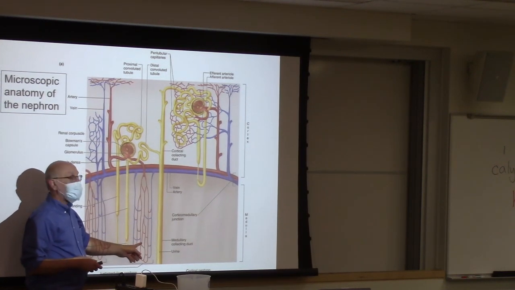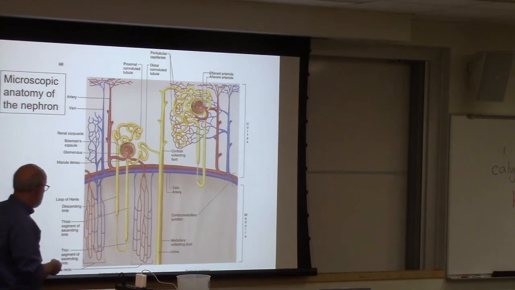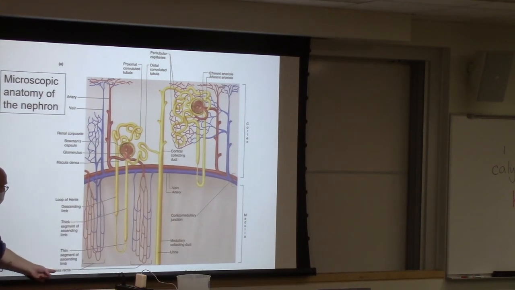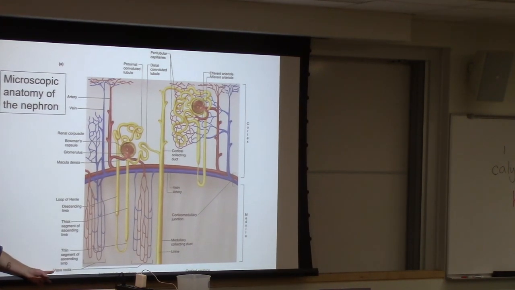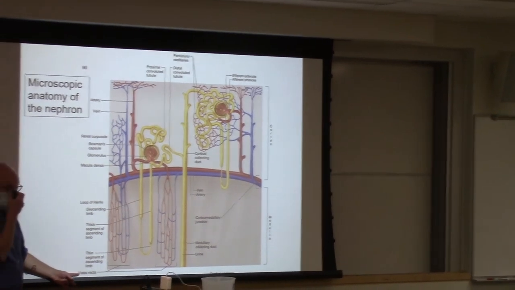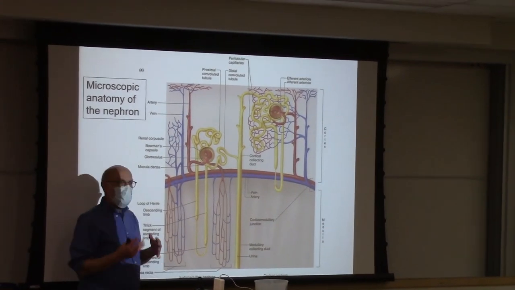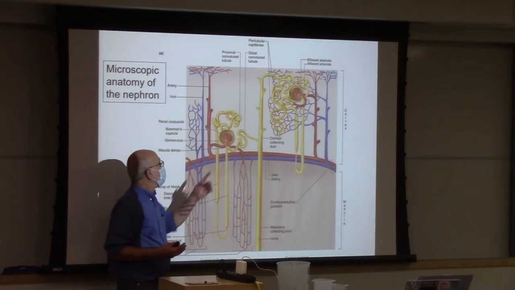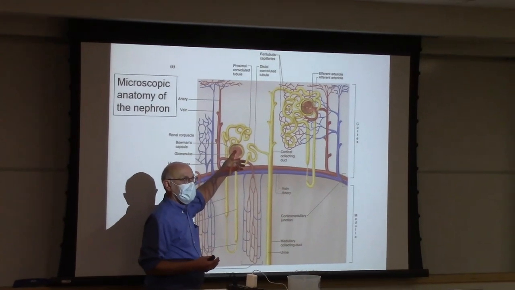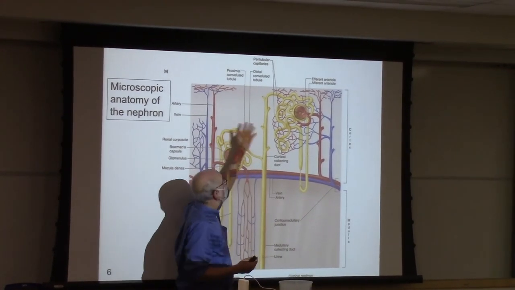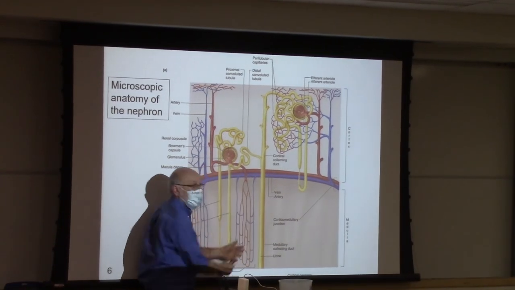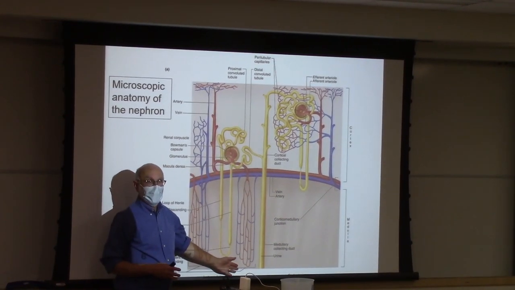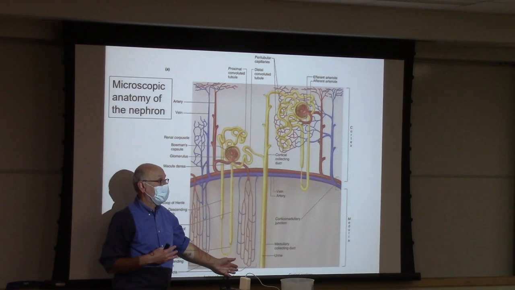And this structure is called the vasa recta. So we have three capillaries: glomerular capillaries, peritubular capillaries, and vasa recta capillaries. And they each have different functions.